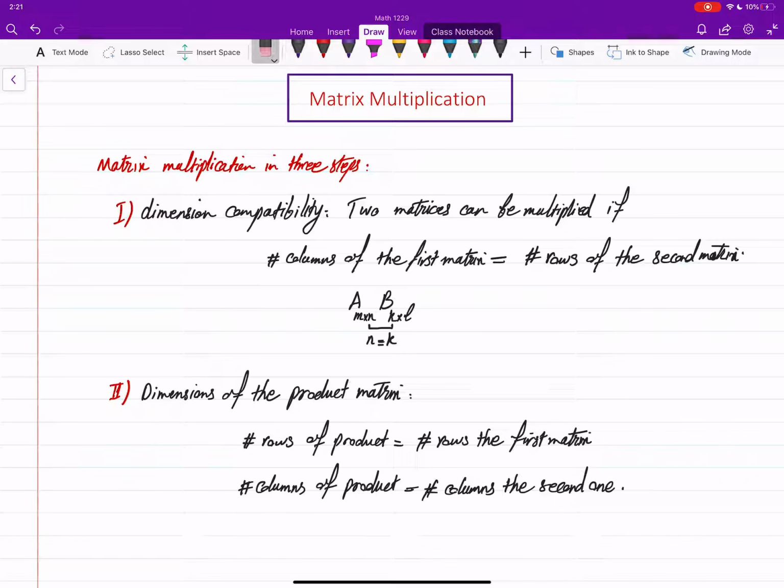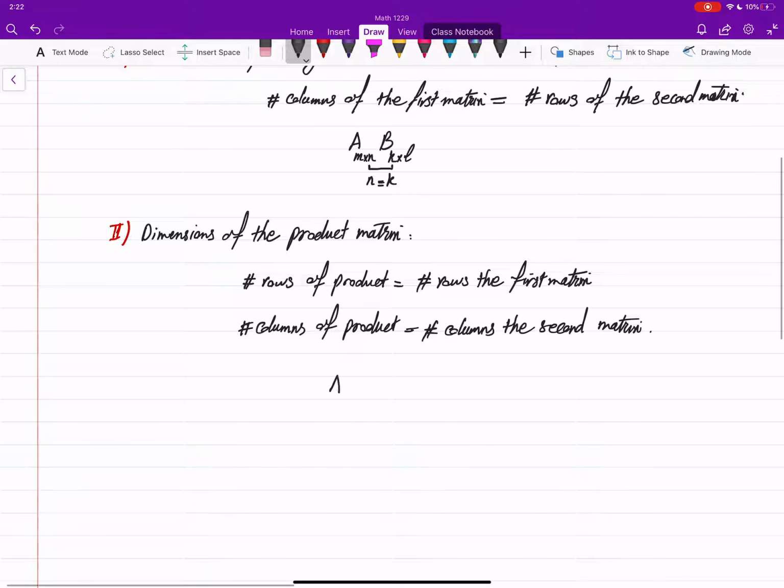The second matrix, let me write matrix. In other words, if we first make sure that m by n can be multiplied to k by l by just saying that n is equal to k, when this works, the product is going to be a matrix where you pick the first row and the second column.